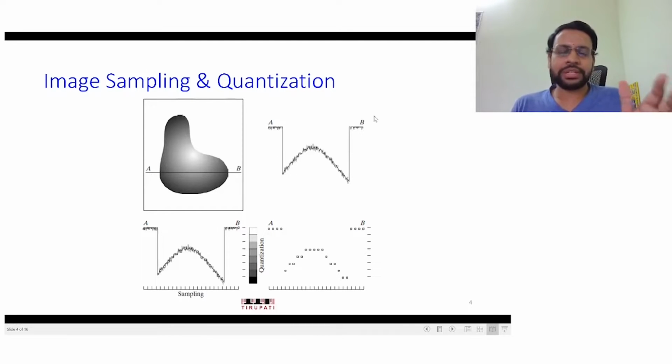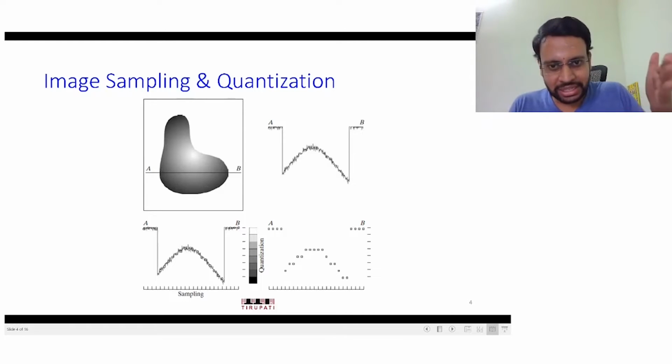This is to understand what digitization of an image means. You could see here there are two aspects. One is the spatial resolution. At what points would you like to store the values of the intensities? So spatial discretization is one thing that you are going to do.